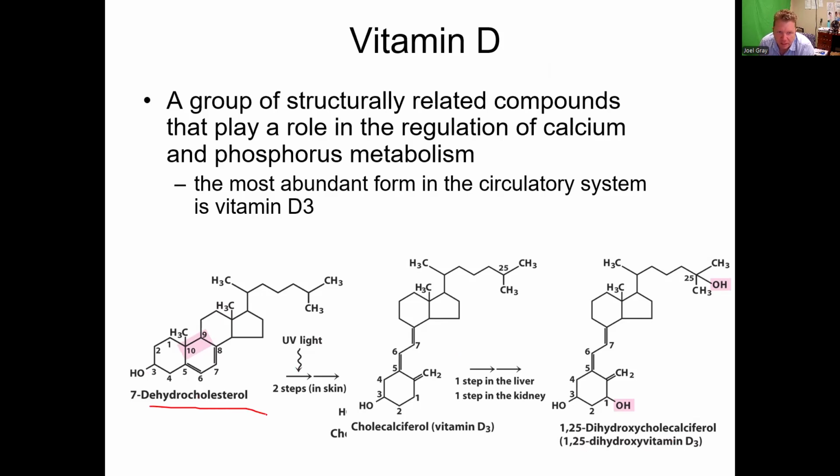So your vitamin D precursor, 7-dehydrocholesterol, is going to react with UV light, undergo a pair of steps where this cholesterol ring structure basically opens up, and you get this vitamin D3. Now that vitamin D3 is going to undergo a pair of steps, one in the liver and one in the kidney, and that's going to give you 1,25-dihydroxy vitamin D3. So that is going to be the one that your body's going to benefit from.